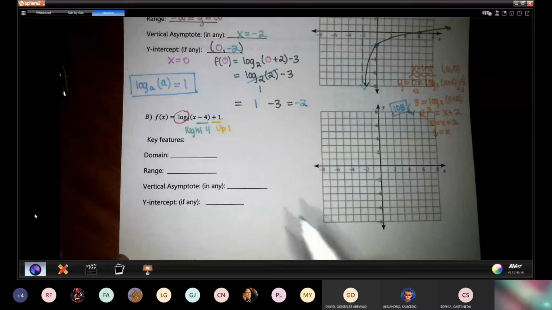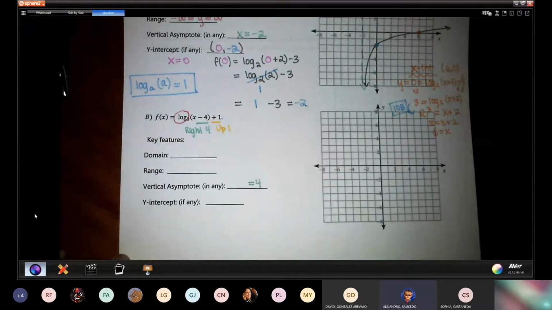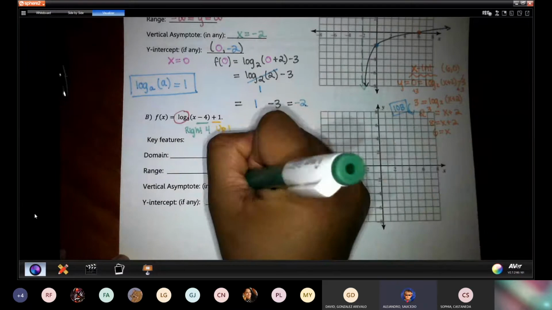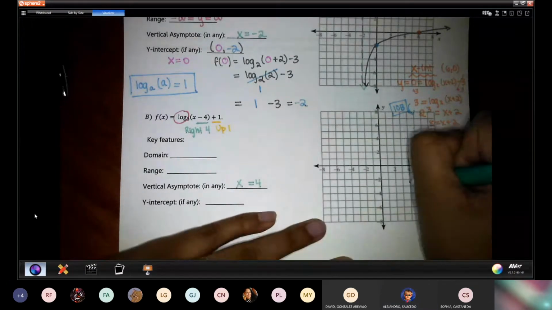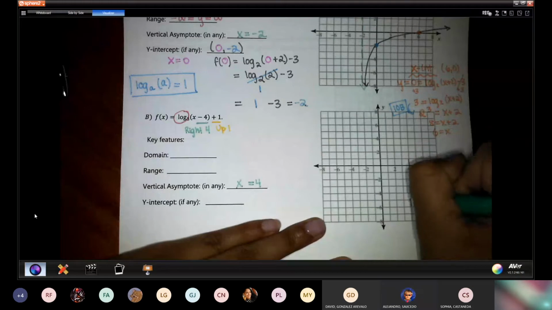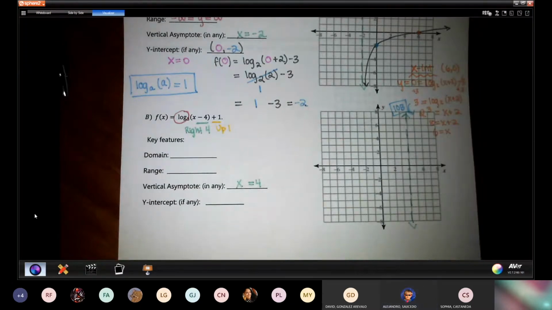What equals 4? 2 squared equals 4. Very good. So x equals 4, and then we're going to graph it. So x equals 4 here. That's our asymptote right there at x equals 4.